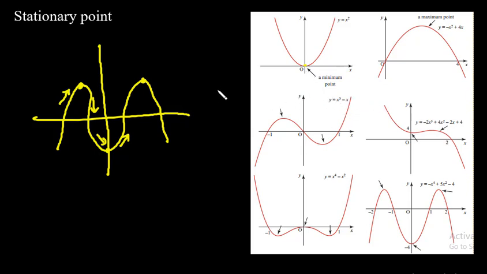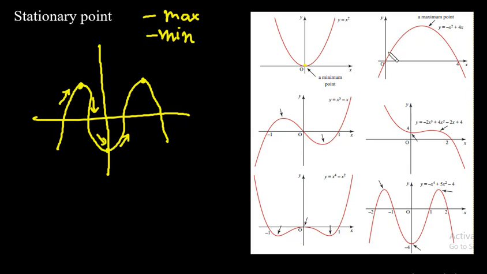The stationary point can be described by two terms. One is the maximum stationary point or the minimum stationary point. Here is a minimum stationary point because it indicates the change from decreasing to increasing. So this one is the lowest one, so it indicates the minimum point.